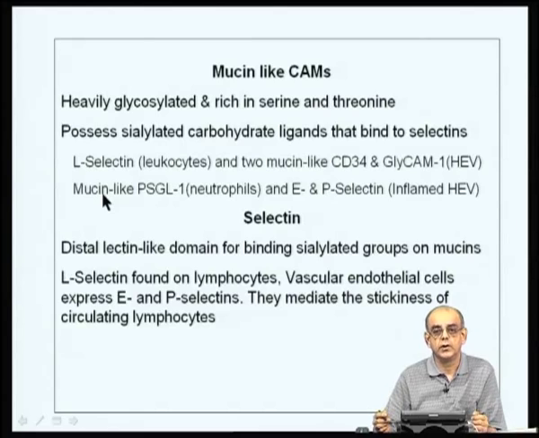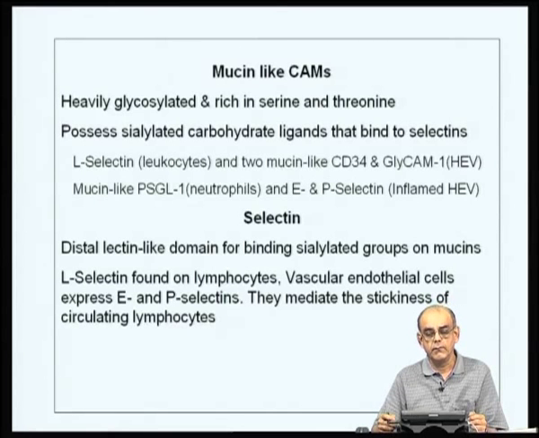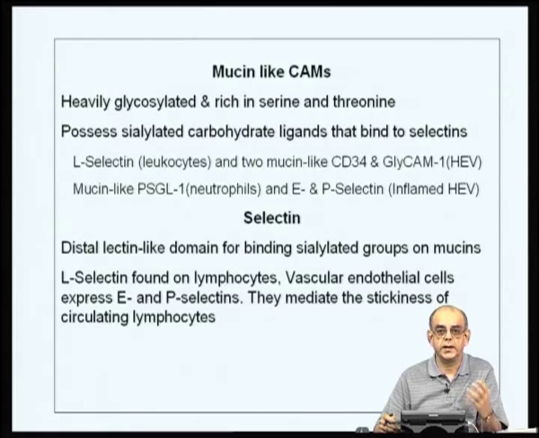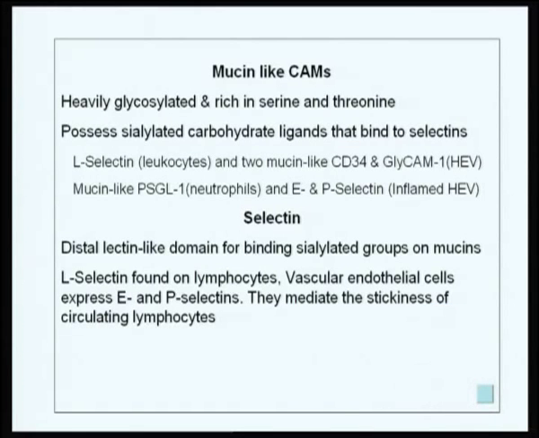Lectins are molecules that you can isolate, for example, from mung bean, soya bean or peanut agglutinin. These are all proteins that have the ability to bind carbohydrate. So, these are called lectins.